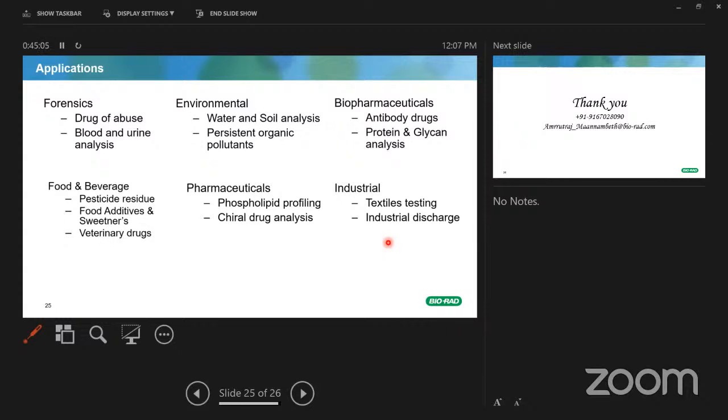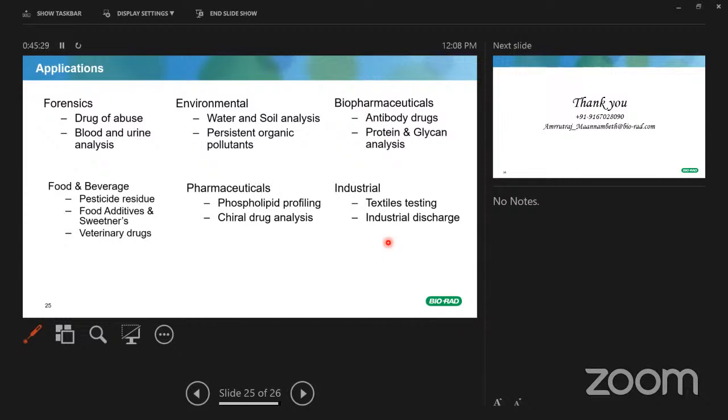So these are broadly the applications which an HPLC, LCMS, GC or GCMS can cater to. It depends on the molecule to molecule, compound to compound, and the complexities you are looking at. That will decide what type of analyzer or chromatography one needs.